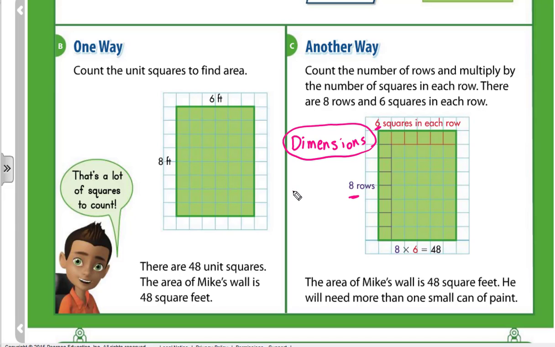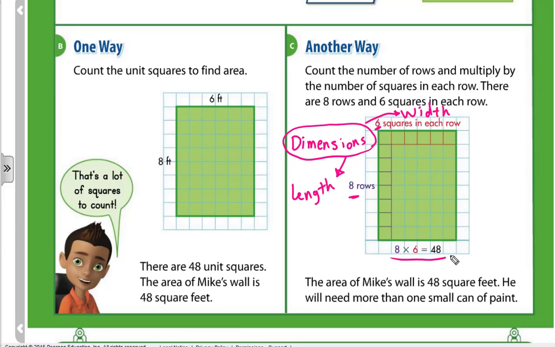The height or the length? And we call the other dimension width. So, how many dimensions do we have? 2 dimensions. One of them is called length and the other is called width.